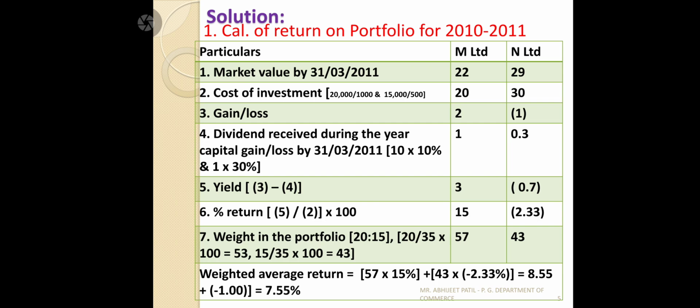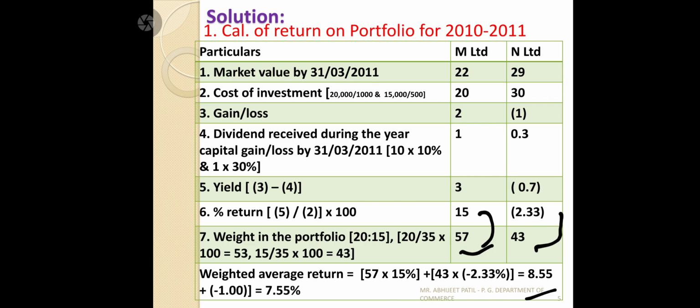So 57 and 43. So we'll get the weighted average return is equal to 57% of your weight into 15% plus 43 into the negative return, it is 2.33. So 57 into 15% is 8.55, plus this comes to negative, minus 1.